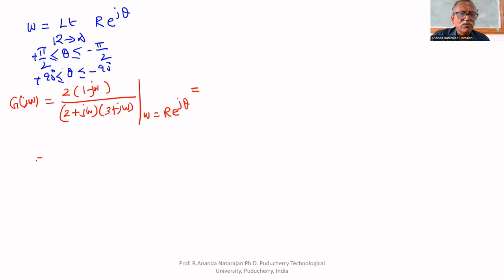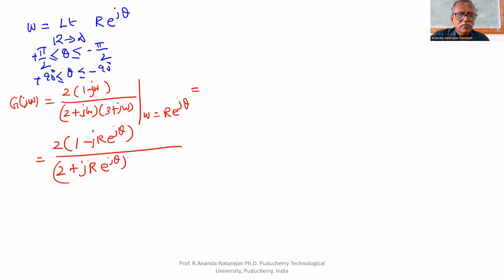That is equal to 2 times 1 minus R e power j theta, upon 2 plus j R e power j theta, times 3 plus j R e power j theta.